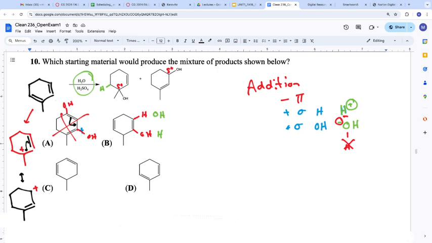Yeah, it produces the same stability carbocation. So you get two products right away with that single double bond. And that's ignoring the fact that we also have a rearrangement that could introduce a third product or potentially a fourth. So B is just going to get us a crap ton of products. I only want two. So B doesn't make sense.